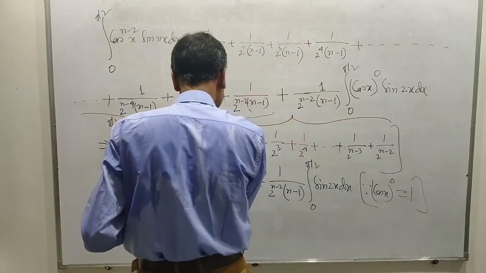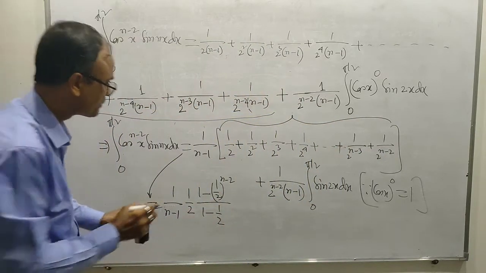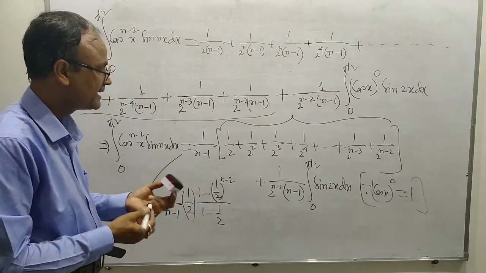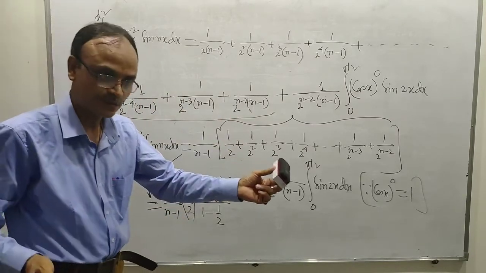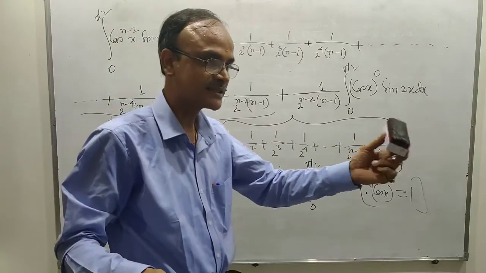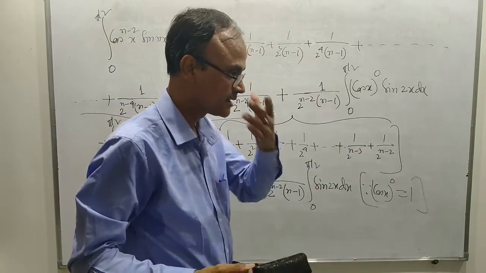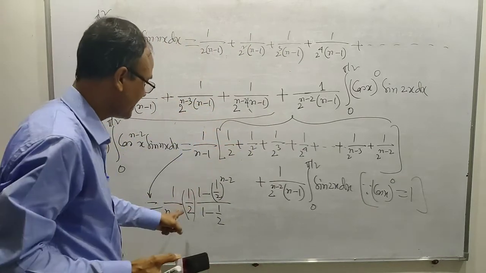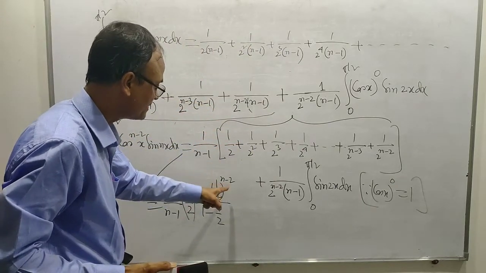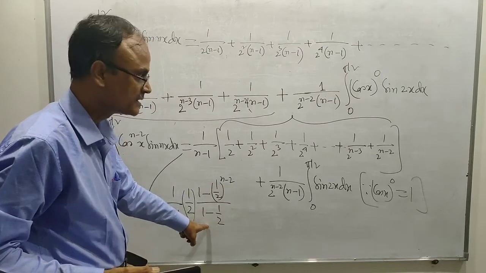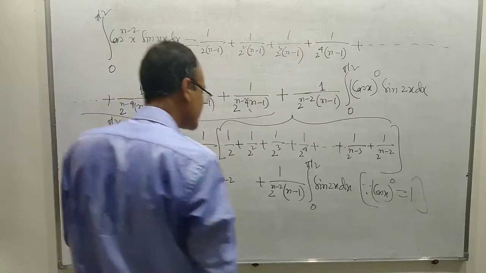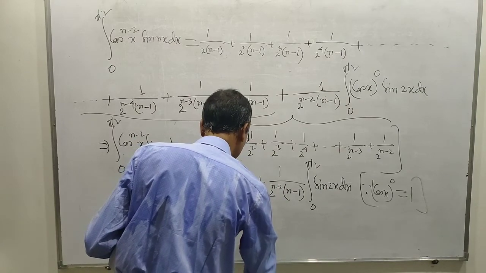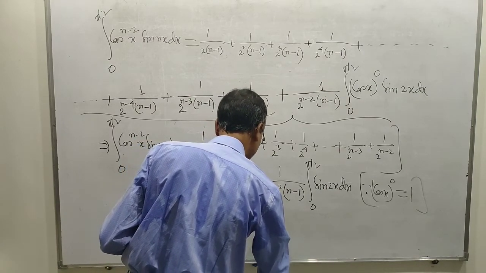From this and this, the geometric progression a plus ar square plus ar cube plus ar to the power n minus 1, number of terms n, is a into 1 minus r to the power n divided by 1 minus r. Plus 1 by 2 to the power n minus 2 into n minus 1.